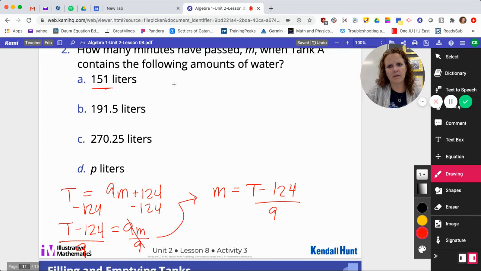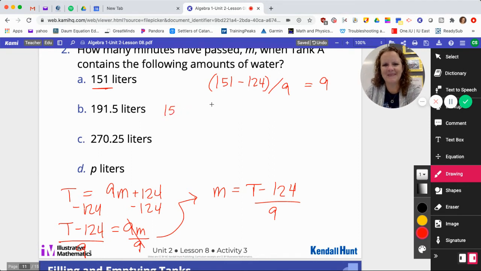Okay, this is my total amount. So I'm going to plug it in: 151 minus 124, divide by 9. And I get 3. So 3 minutes. Next, 191.5 minus 124.